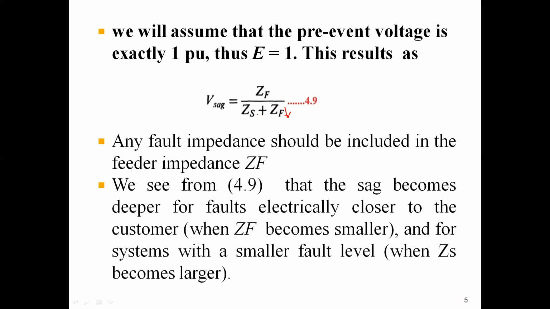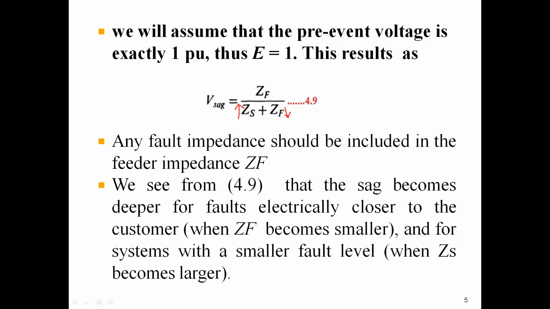And because we have two impedances, the voltage sag will be deep either when ZF is decreasing or even when ZS is becoming much larger. Both can happen.